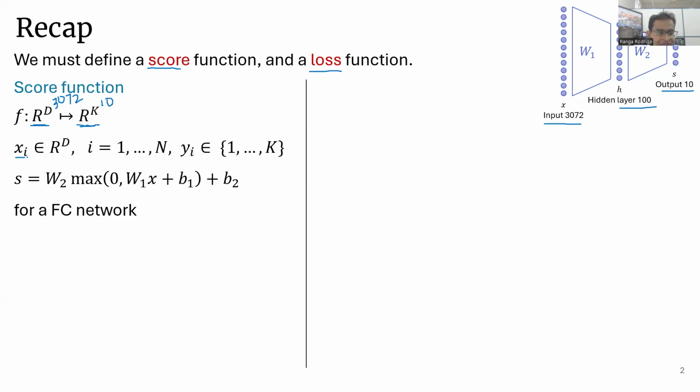So each image is d-dimensional and i goes from 1 to N. So maybe in MNIST we had 50,000 images, right? And K can be 10 classes. So if we consider a fully connected network, the nonlinearity is a max, W1x plus b1, you apply the nonlinearity, multiply by W2, and add b2 as a bias. And you know that when the nonlinearity is not there, it is just a linear network, so there is not much use of that.